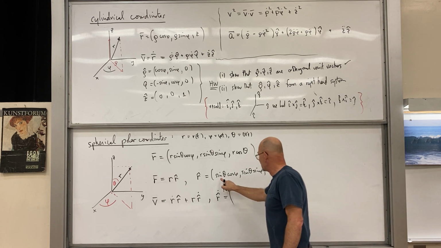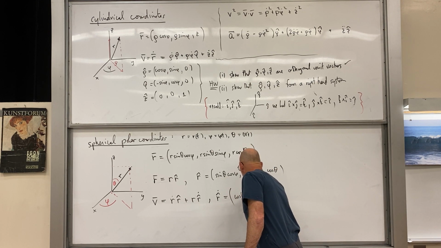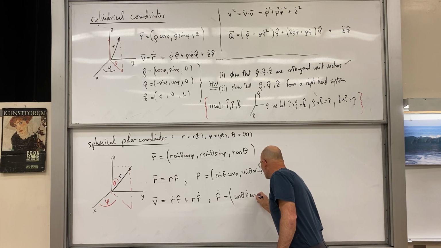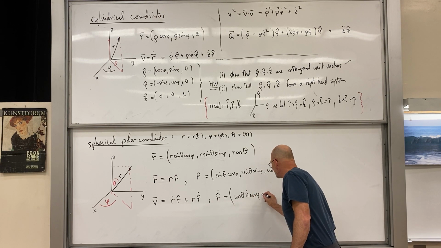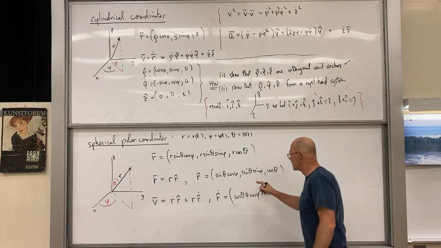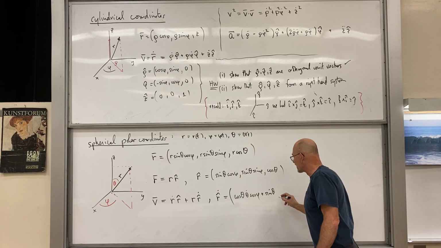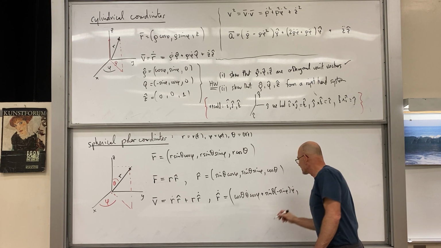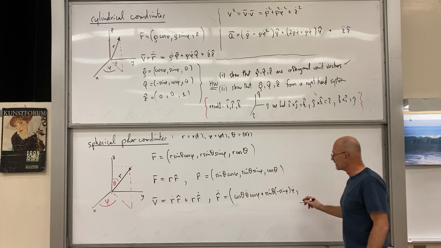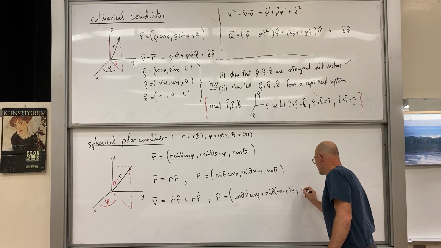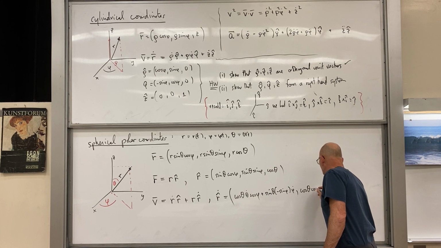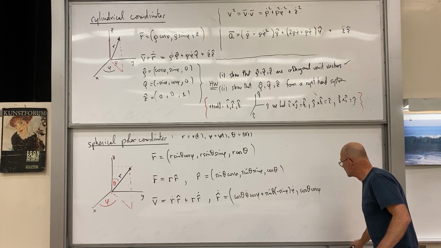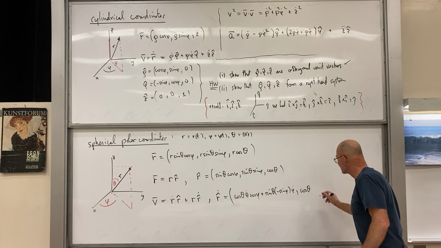So we have cos theta theta dot cos phi plus sine theta negative sine phi phi dot. That's the first one. Then we have cos theta sine phi.